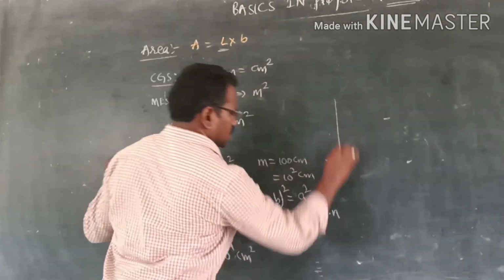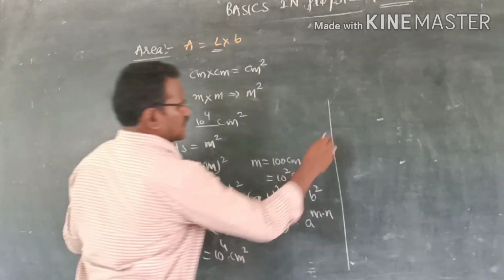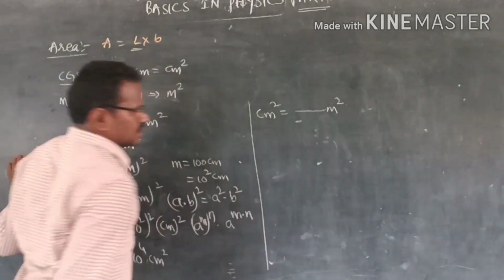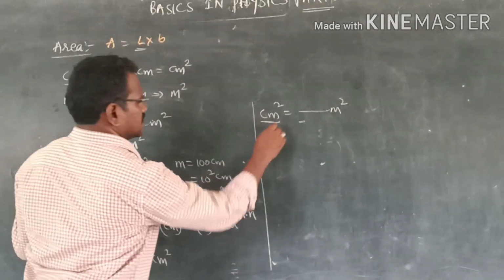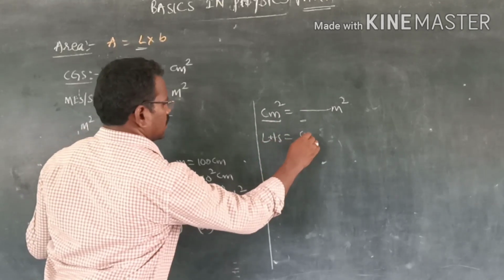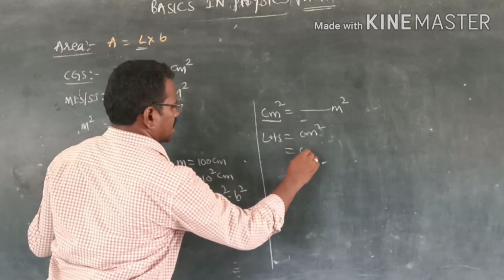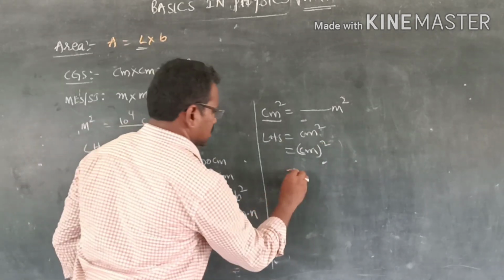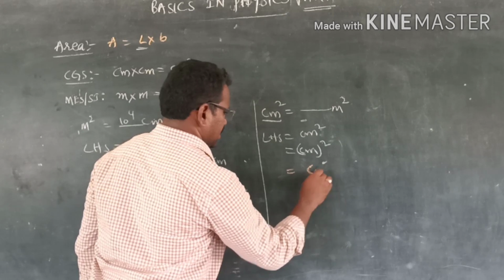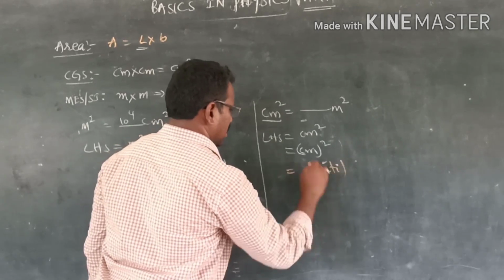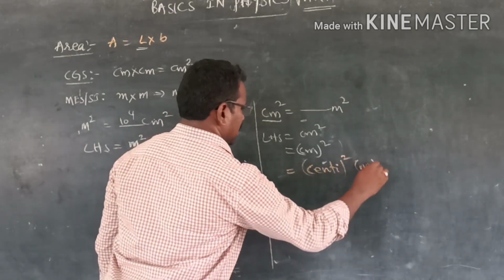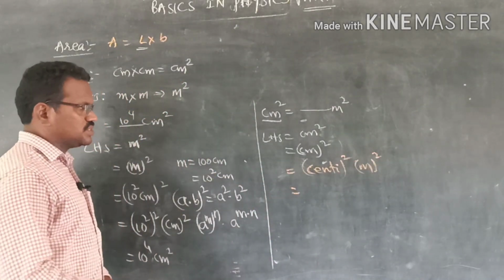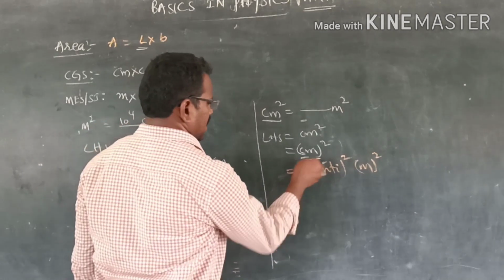Or otherwise, if you think of one more relation: 1 centimeter square is equal to dash meter square. The given LHS is centimeter square. It can be written as centimeter whole square. Here centimeter can be revised into centi whole square and meter whole square. As I already said, centimeter is a combination of two words, centi and meter.